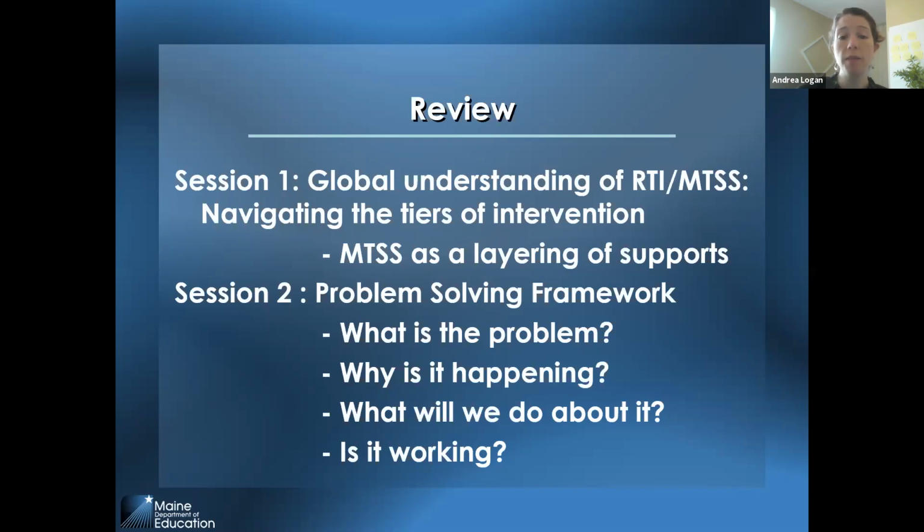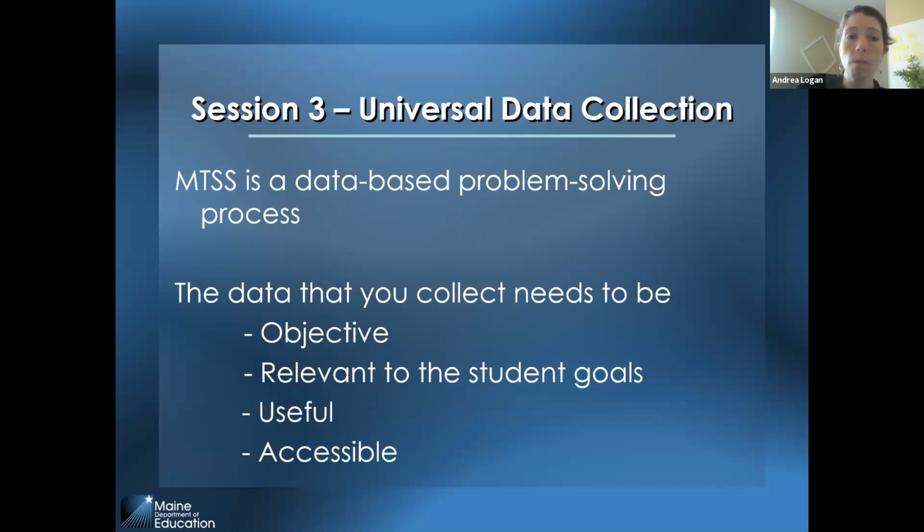And so we are going to dive a little bit more into that data collection and the importance of data here in the next few minutes. So session 3 on the website is listed as universal data collection. And because every school is a little bit different, the way that you have been trained to collect data, or the way that you have trained yourself to collect data, is probably all going to be very different.